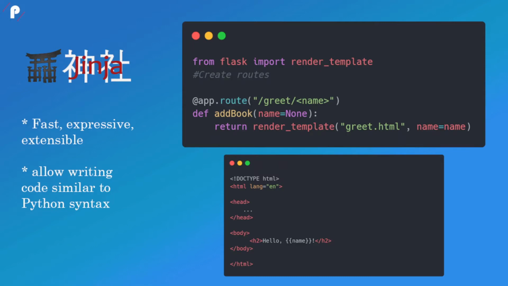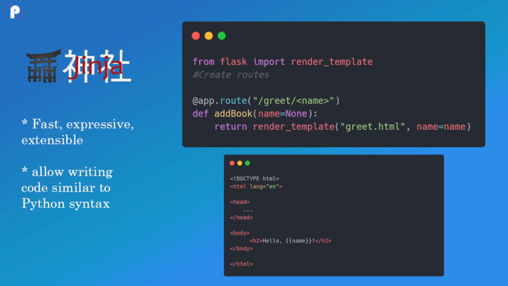We pass the name as a parameter, and in the HTML file that we are rendering, we can set the variable that is being received, like the second image. We create a title, let's say hello, and we are getting the variable that we are receiving with the brackets. So that way, we can make dynamic templates.